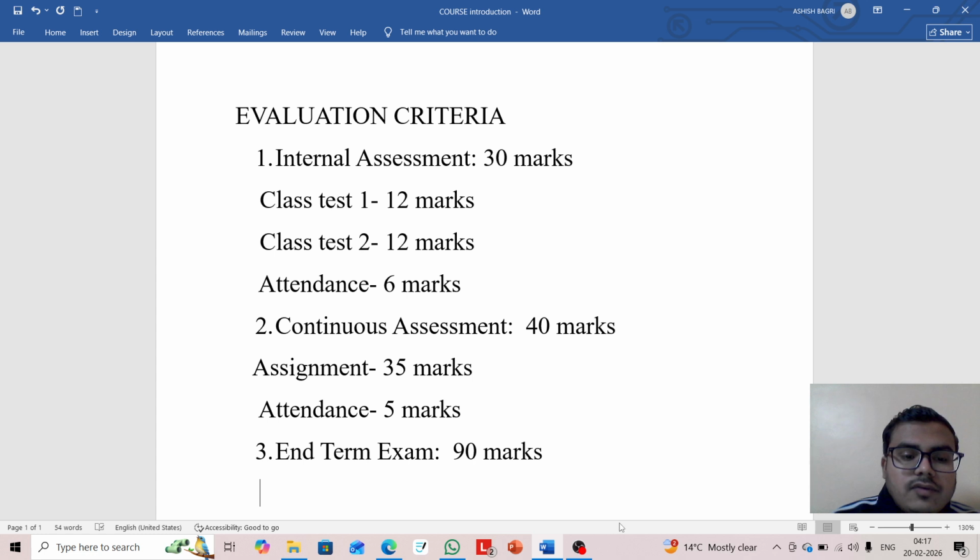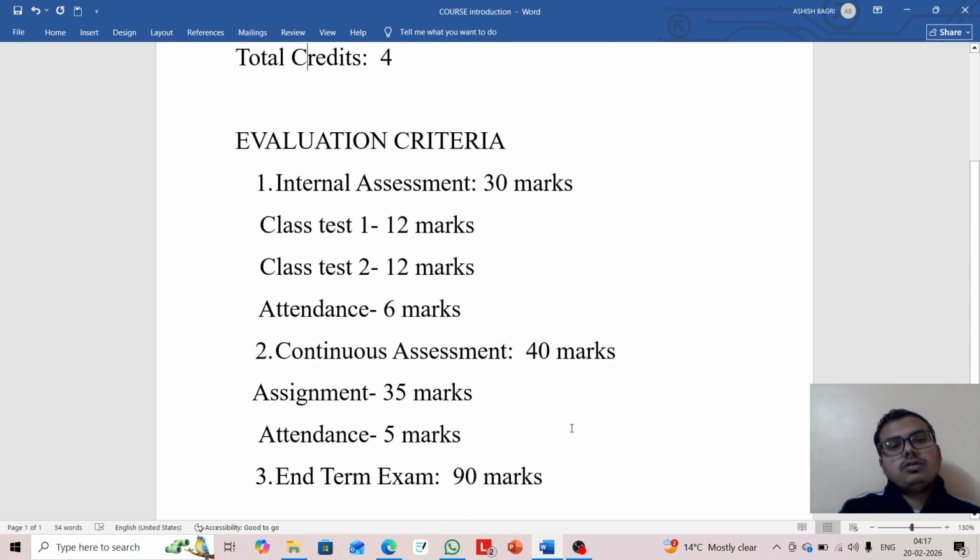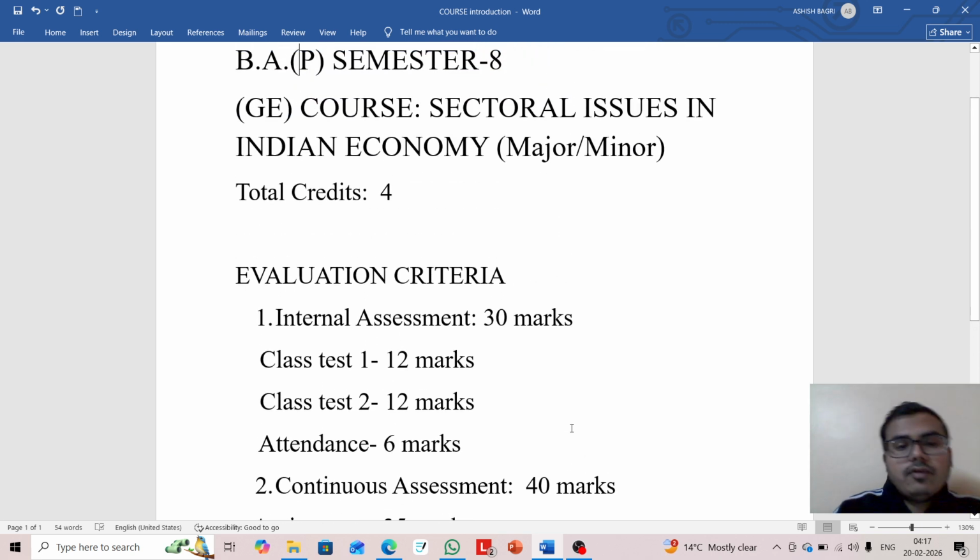And after that, we have end-term exam of 90 marks. So total marks of this course is 160, which split into three parts: 30 of internal assessment, 40 of continuous assessment, and 90 of end-term exam. So this is the evaluation criteria of our course in sectoral issues in Indian economy.